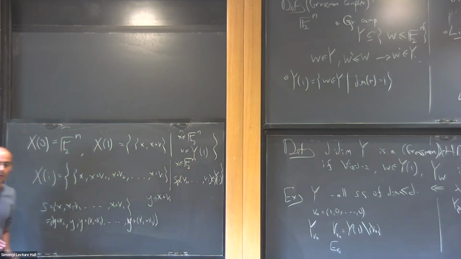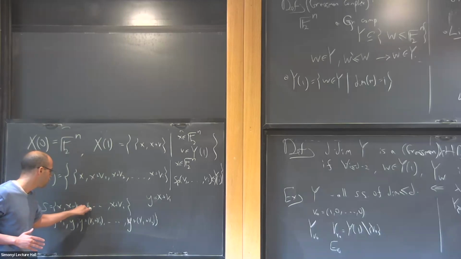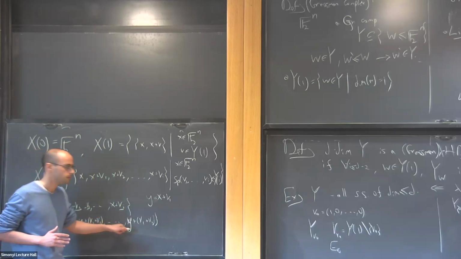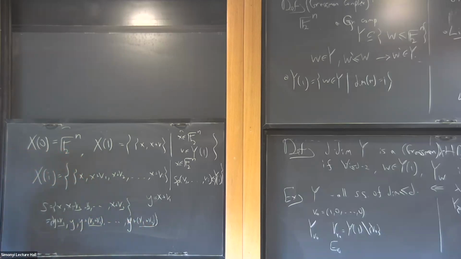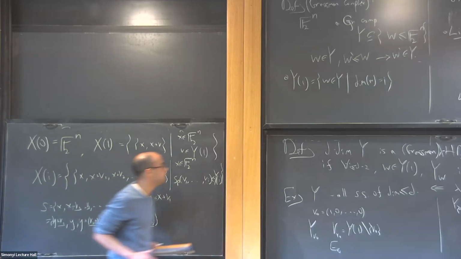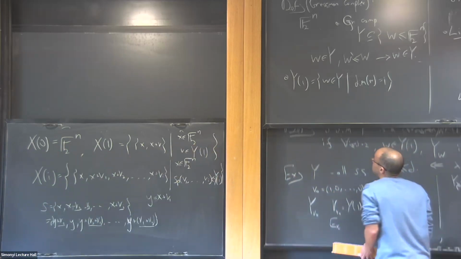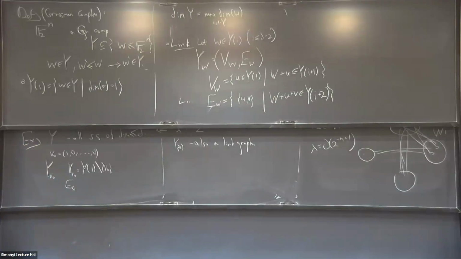If you look at this, you see that the span of V1, V2 up to Vi is the same as the span of V1, V2 plus V1, V3 plus V1 up to Vi plus V1.